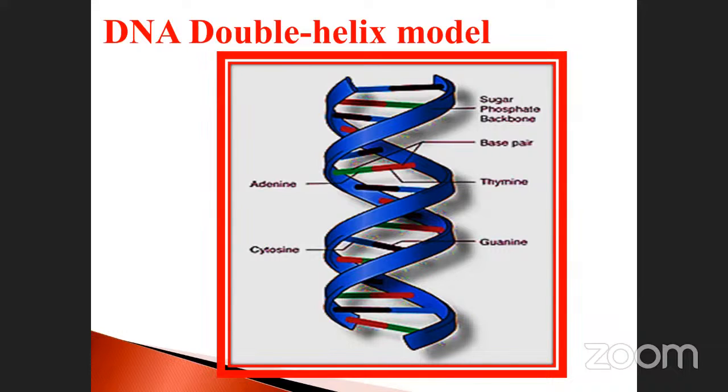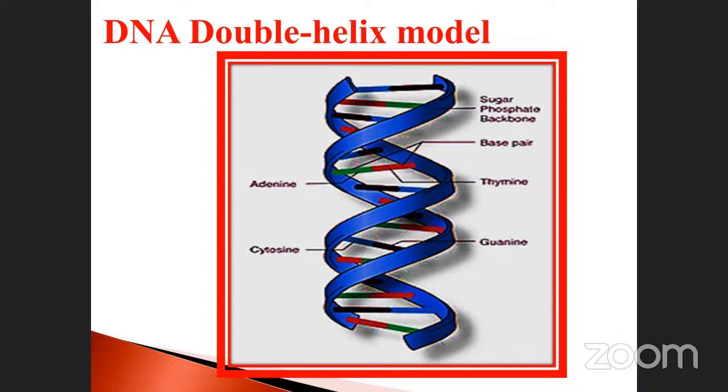In the center there are nitrogen bases joined by hydrogen bonds, isn't it? The phosphate bond is outside and inside there is a hydrogen bond between adenine and thymine, and cytosine and guanine, with a double bond and a triple bond respectively.